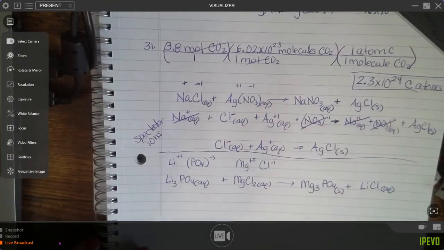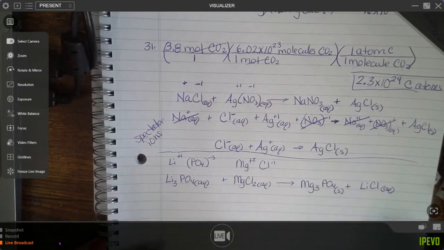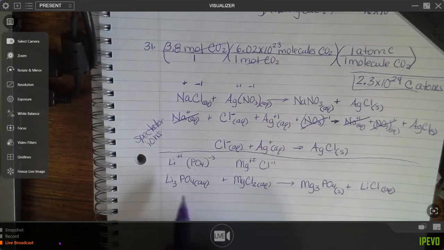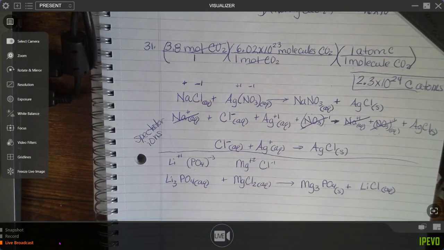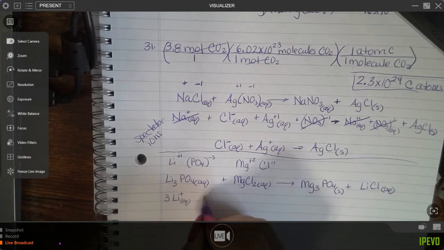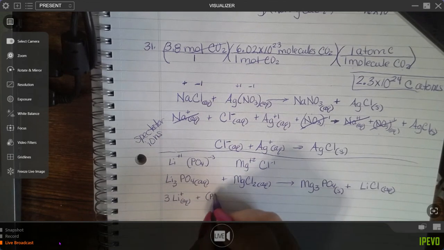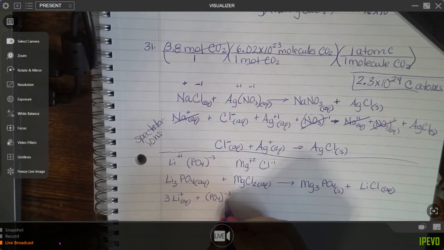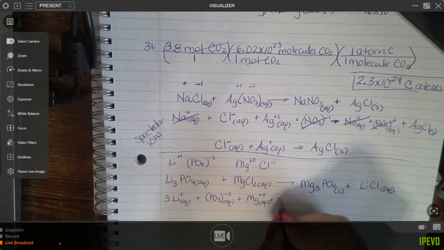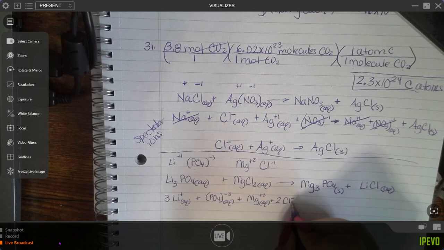All right, so that is what our precipitate is. Okay, so now we have to break this down into the ions. And this one's not quite as straightforward because we do have some subscripts to contend with. Okay, so we have 3 lithium ions plus 1 phosphate ion, and then we have 1 magnesium +2 ion plus 2 chlorine ions.